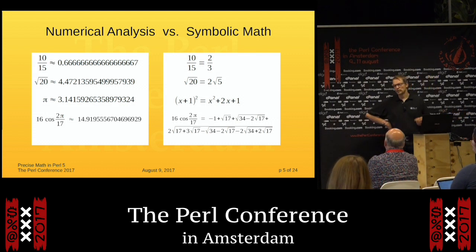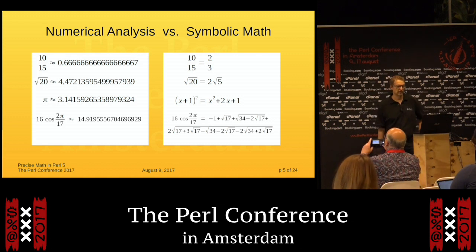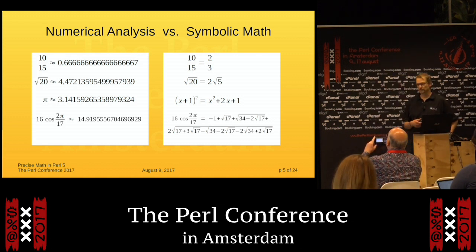So what do I mean with precise math? To the left side, this is pocket calculator stuff. It's about approximation. And what I want to talk about now is the right side, things that we might be inclined to prove as a fact. Just like this identity that has been discovered by Carl Friedrich Gauss 200 years ago.